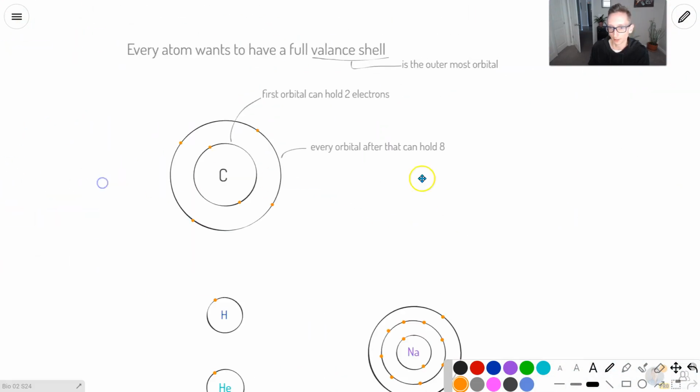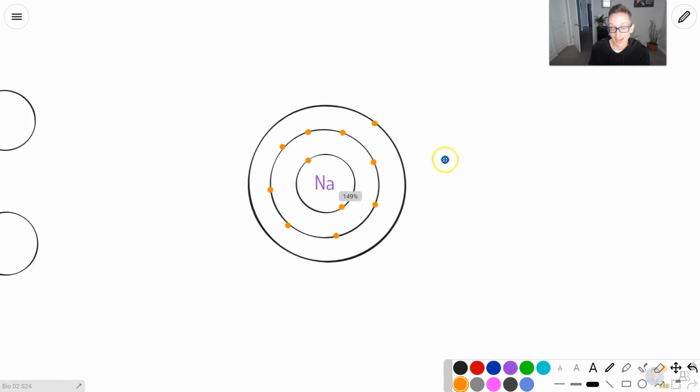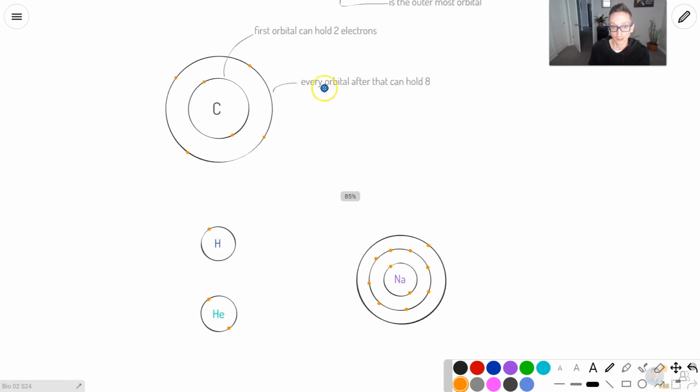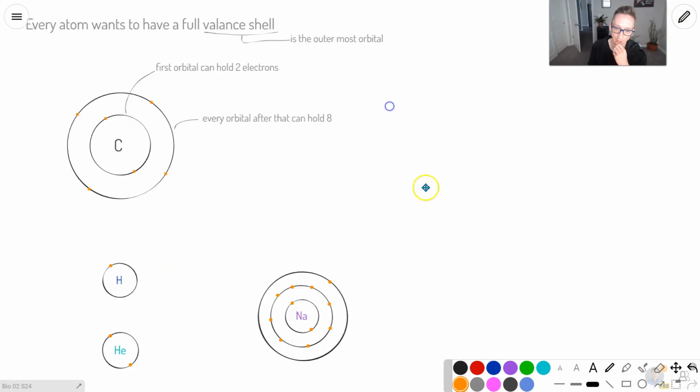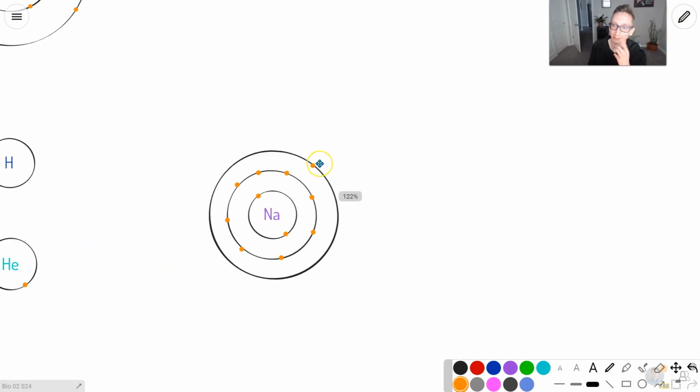So sodium, look at it. Let's talk about sodium here for a minute. Every atom wants to have a full valence shell, its outermost shell. This thing is dang near empty. It's only got 1 in it. So sodium is really going to want to get rid of that.